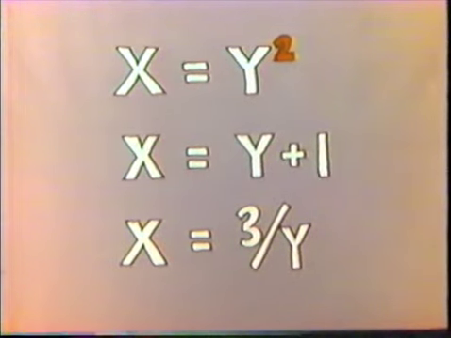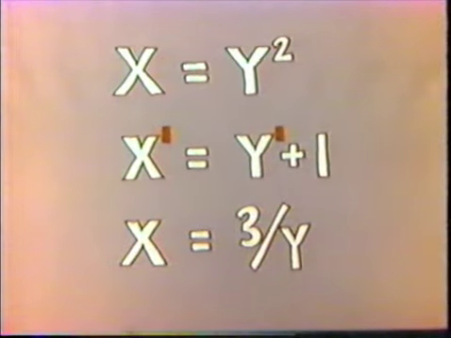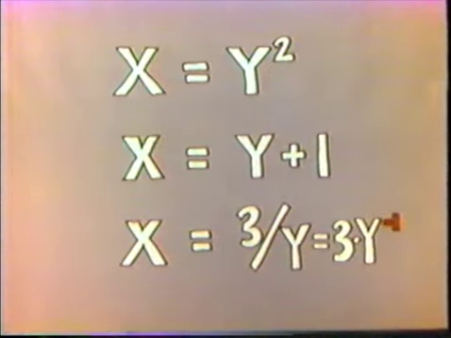The first one is not a linear equation because the variable y is to the second power. The second equation is a linear equation because both x and y are to the first power. The third is not a linear equation because 3 divided by y is the same as 3 times y to the negative 1, so the variable y is not to the first power.